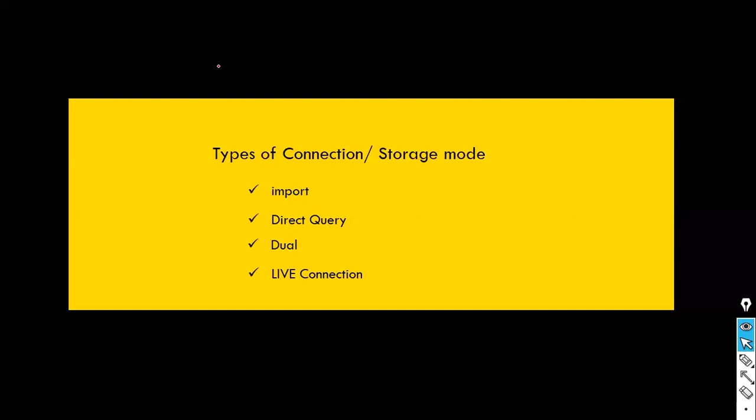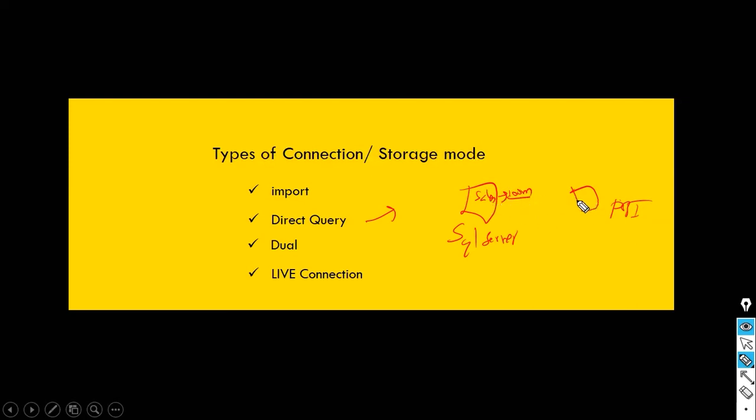In the case of direct query, we already discussed this. Anyhow, I will just repeat it one more time. This is my Power BI desktop. Let's say SQL Server. In SQL Server, we have a table called sales table. In this sales table, you have 100 million records, so huge data is available.